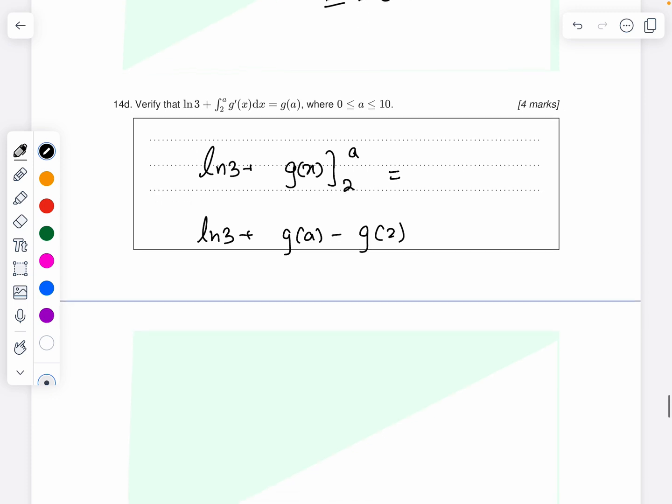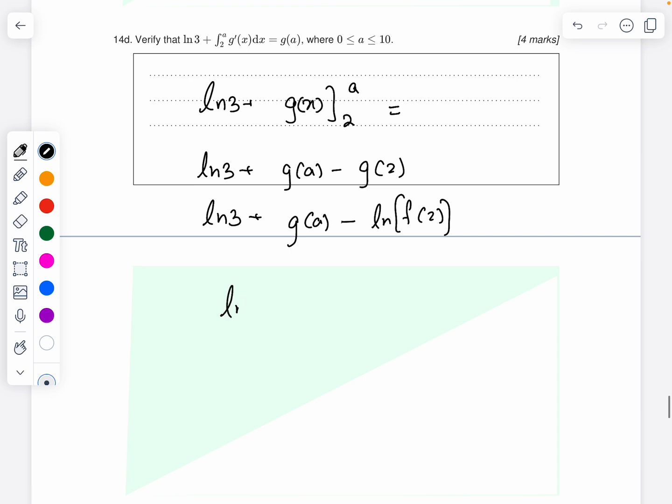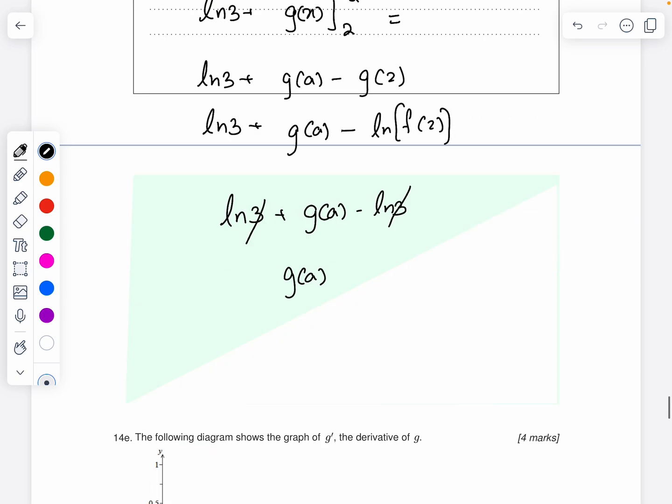So ln 3 plus g of a minus g of 2. g of 2 is nothing but ln f of 2. f of 2 is again 3. So ln 3 plus g of a minus ln 3. The ln 3 cancels. It's going to be g of a.